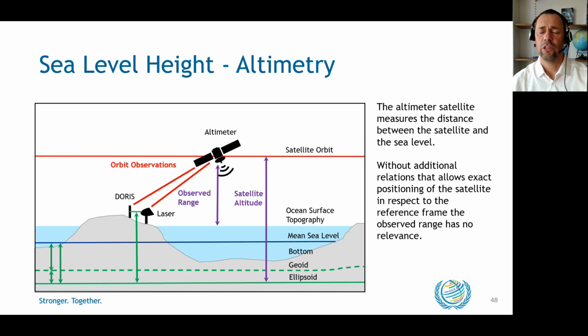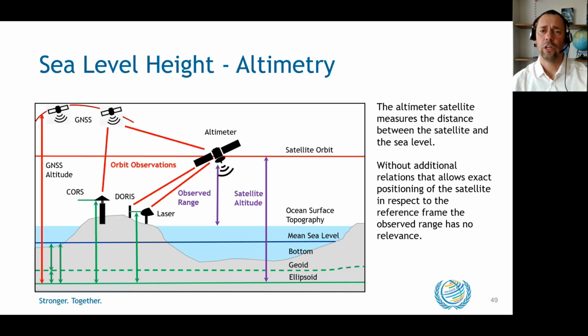One can measure the distance between the satellite and the ground station with the help of a laser beam, the satellite laser ranging, as well as by receiving signals broadcast by the satellite from known ground stations, like in the case of the DORIS system.